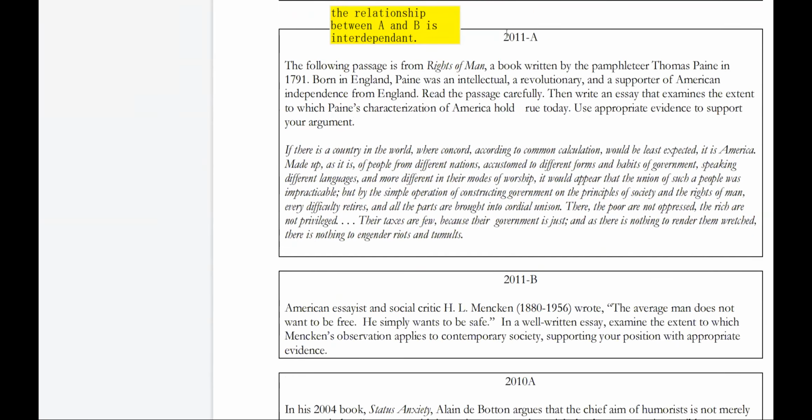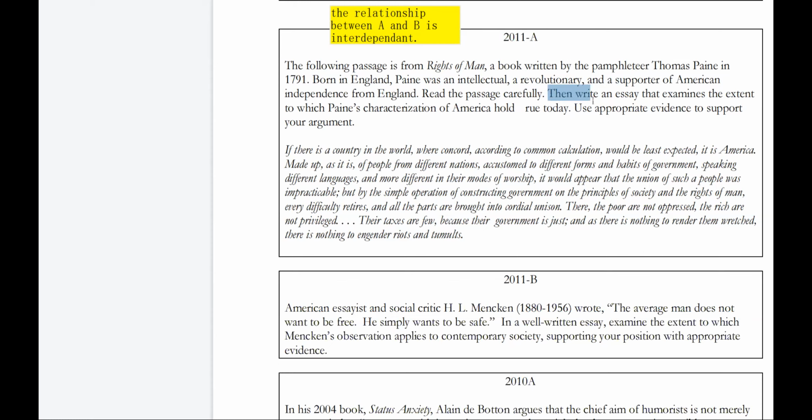How about 2011, Form A? The following passage is from Rights of Man, a book written by the pamphleteer Thomas Paine in 1791. Born in England, Paine was an intellectual, a revolutionary, and a supporter of American independence from England. Read the passage carefully.